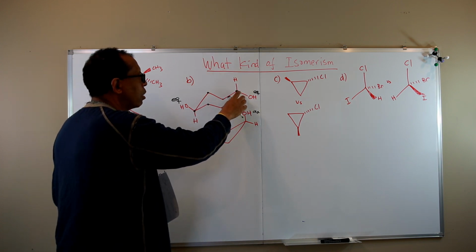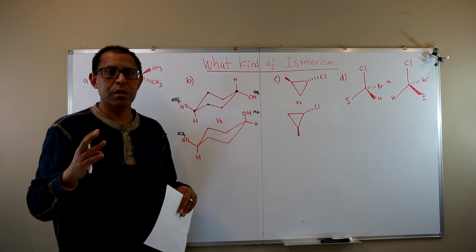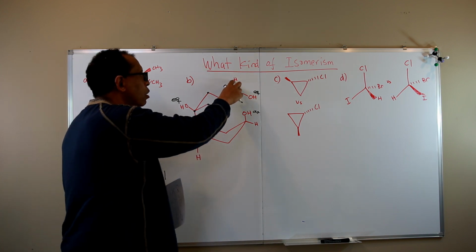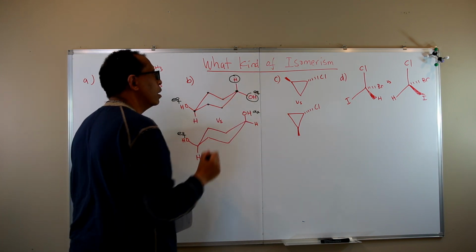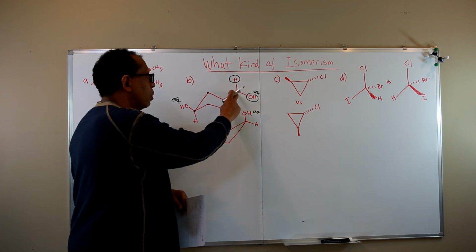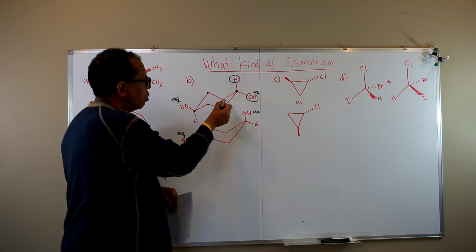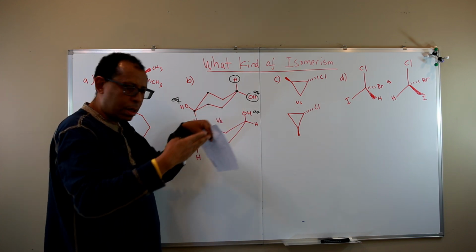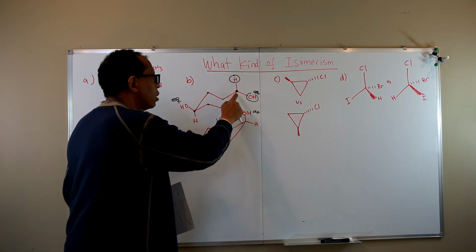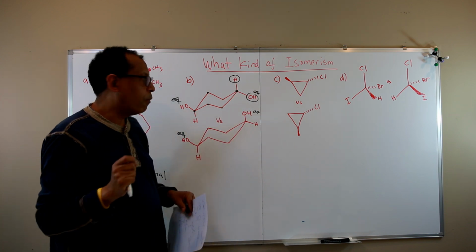Therefore, there are no four different substituents. There are only two different substituents. This and this are different substituents on this carbon. Otherwise, the two substituents are the same, symmetrically as you go. So there is no stereogenic center for this carbon.